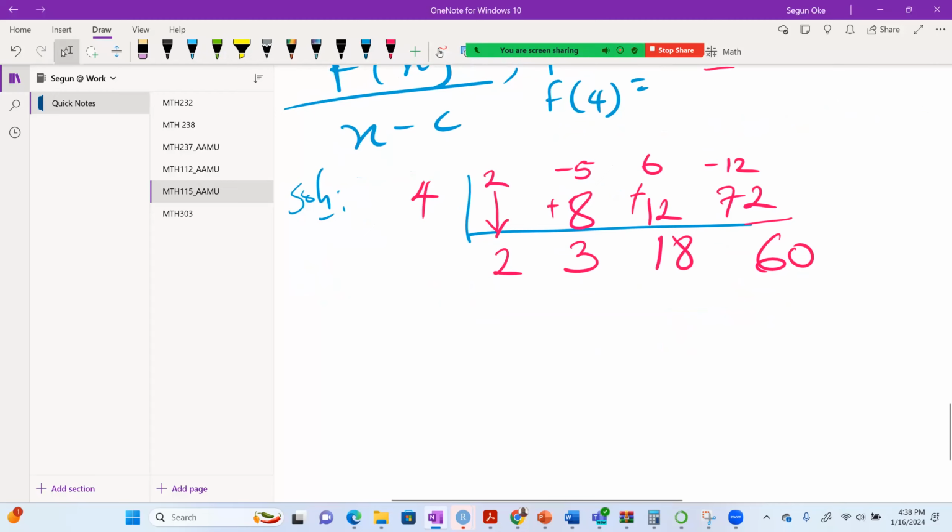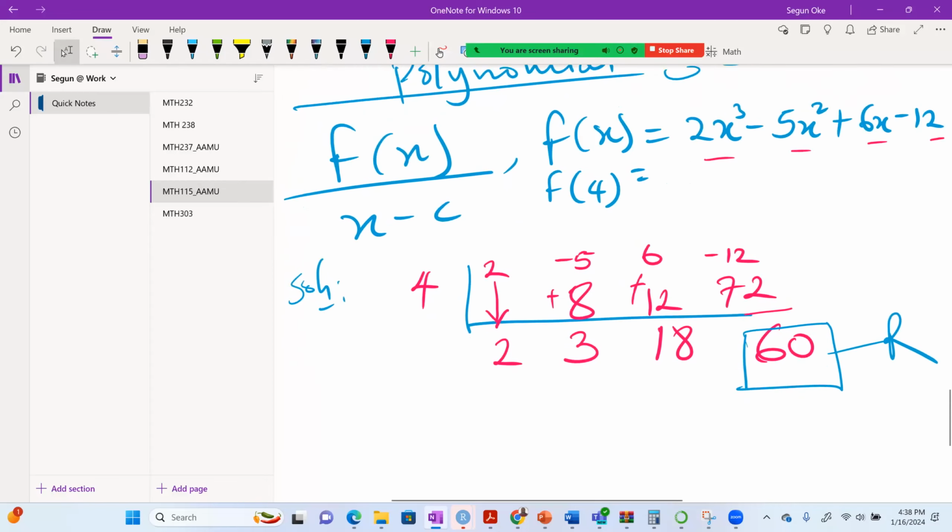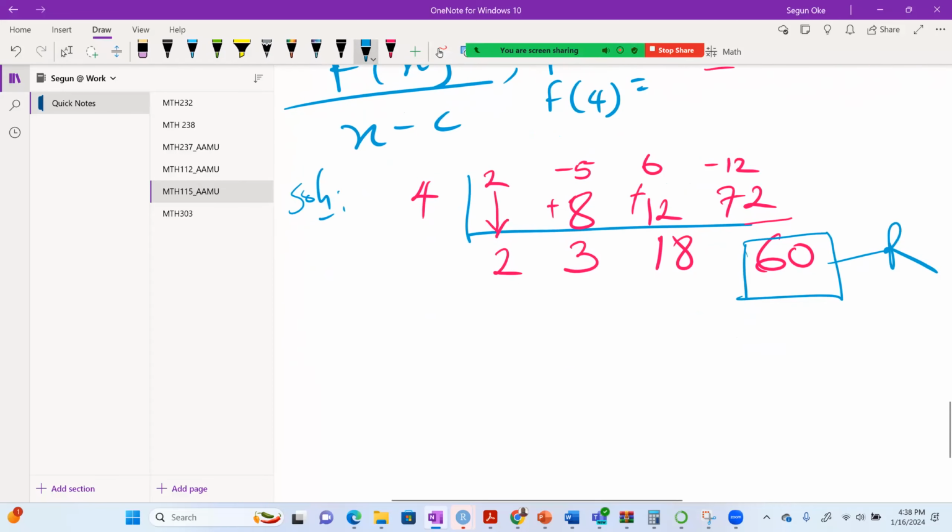The last value is called your remainder here. We call it R. That is our remainder.